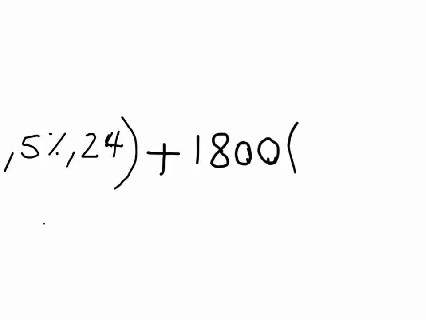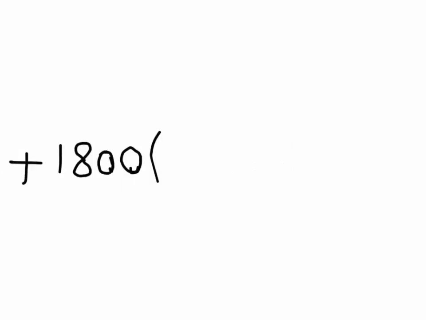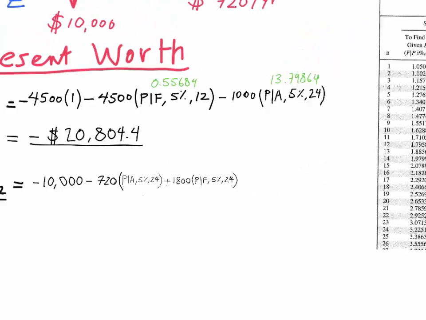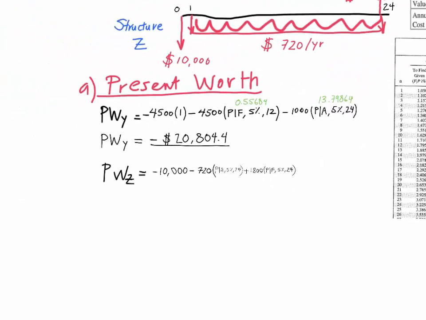Multiplied by, now this is a future, and I'm calculating its present. So that one is P given A, or actually P given F, 5%, and then 24. So that's the formula.